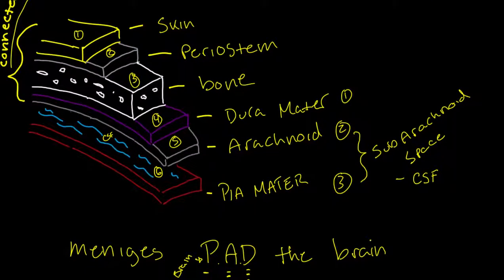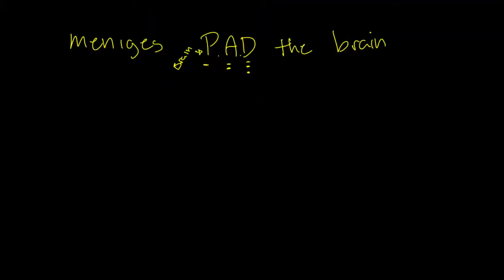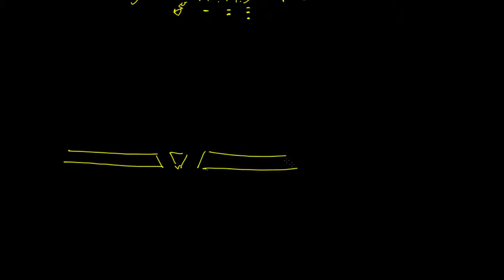This is kind of a layered view, but to give you a better idea of how it's structured, let's say we can do, okay, so this layer right here is going to be the Pia Mater.